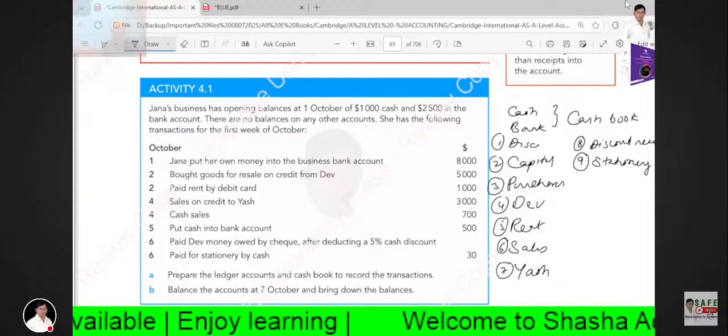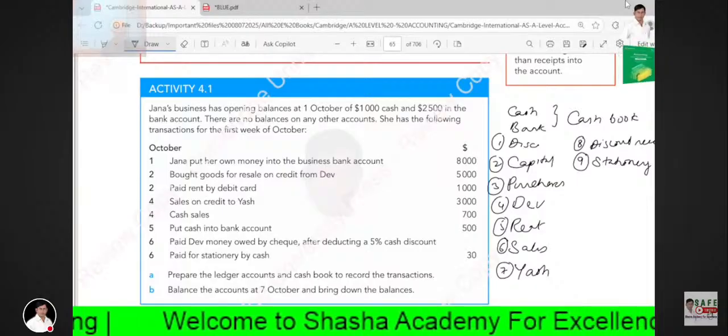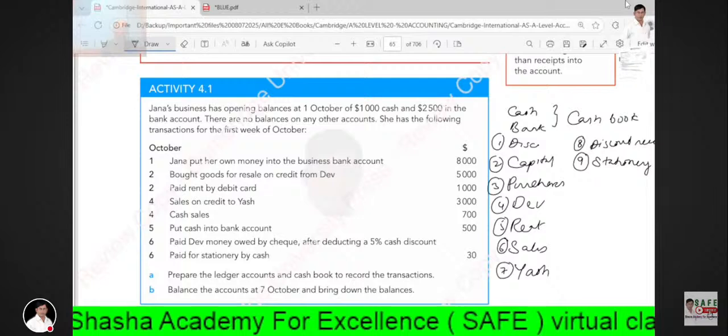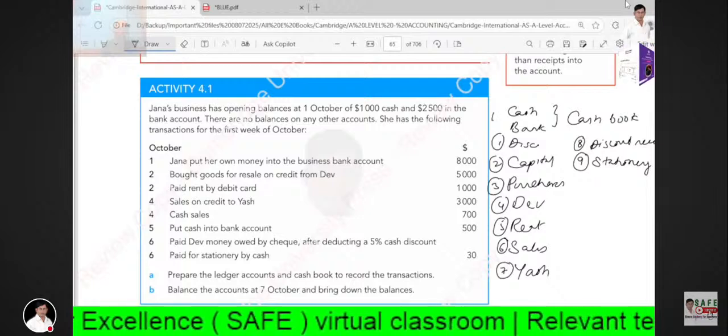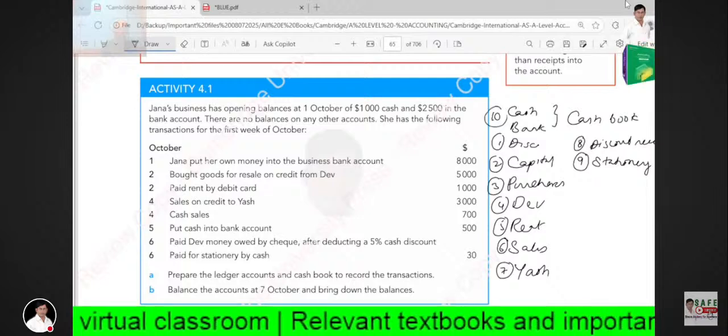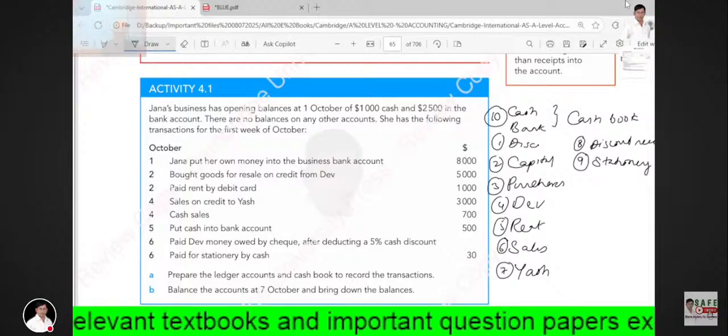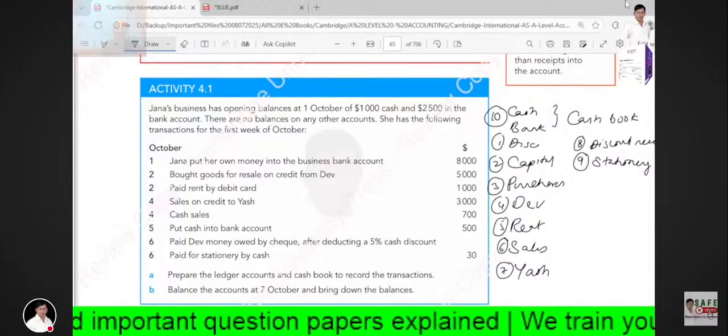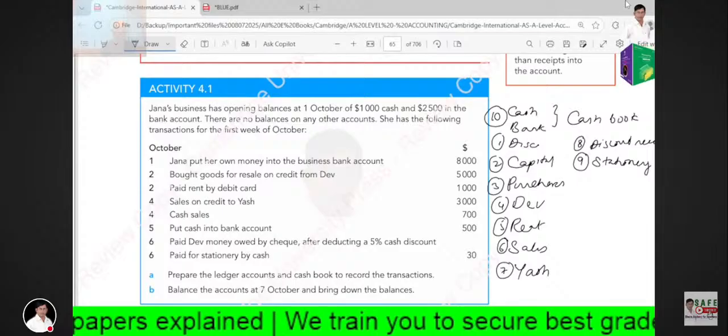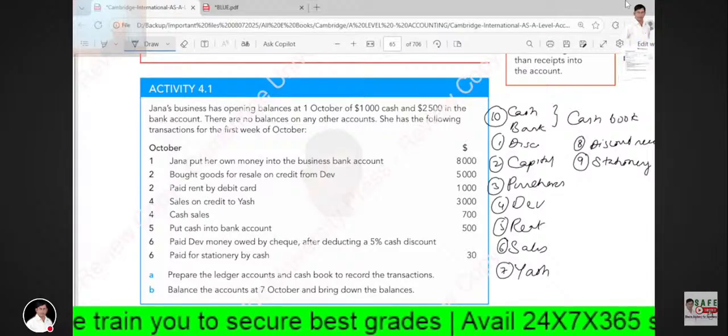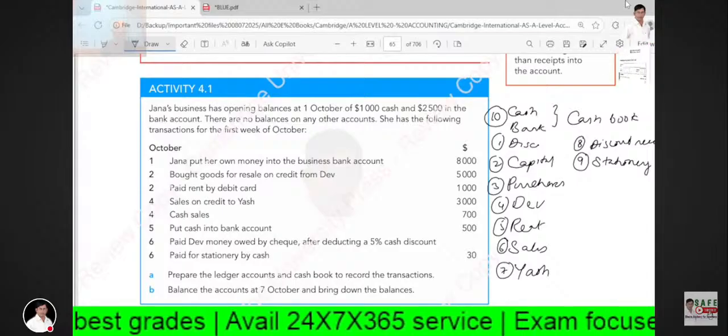The cash book is a ledger account as well as a book of prime entry. So first we'll prepare cash and bank account. Then we'll prepare all these accounts simultaneously. So this is a comprehensive problem.